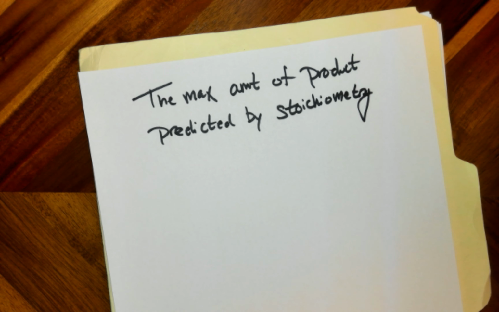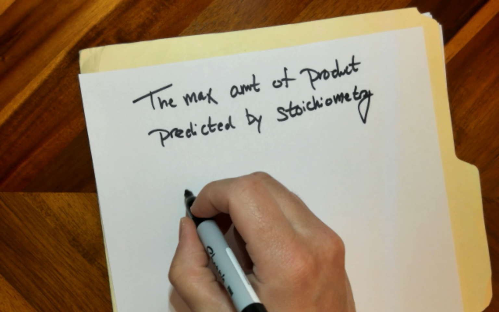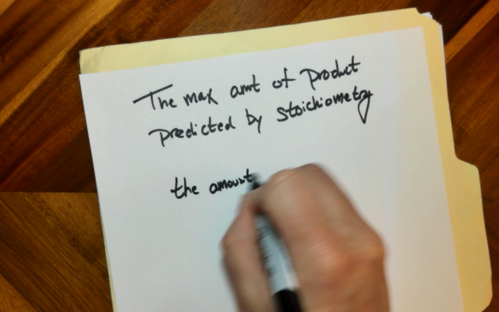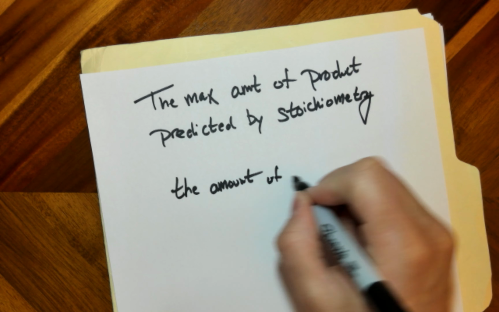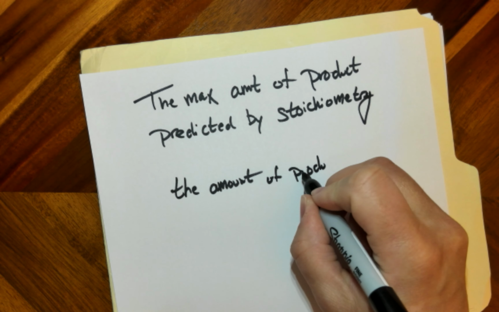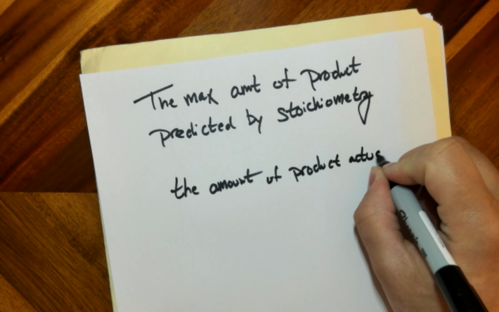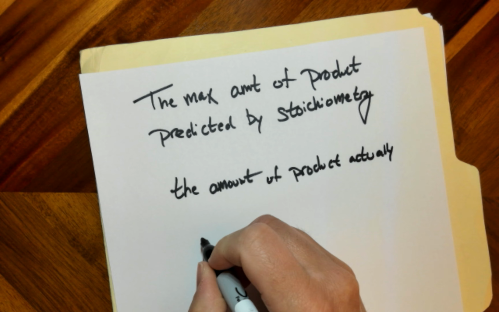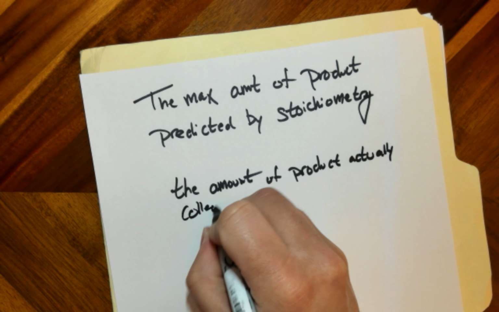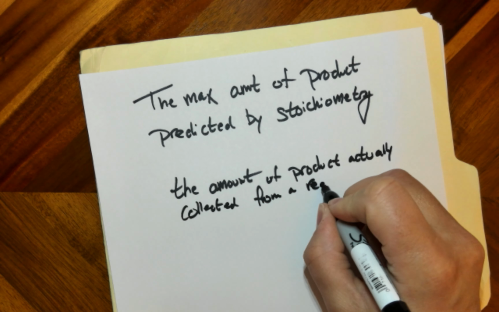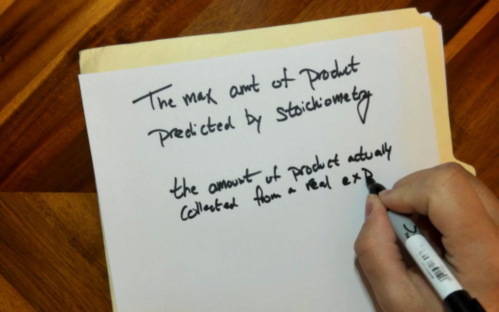The actual yield, on the other hand, is the amount of product actually collected from a real experiment.